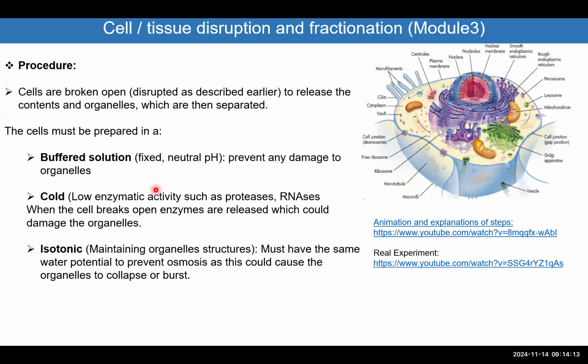And you also have to make sure that you are doing this in cold conditions, particularly because most of the enzymes are not active at 4 degrees, like proteases, which are enzymes that break down proteins, and RNases, which are enzymes that break RNA. So if you put them in the cold at 4 degrees, they will not be very active, and therefore you can maintain the protein pool or the RNA pool you are extracting from those cells.